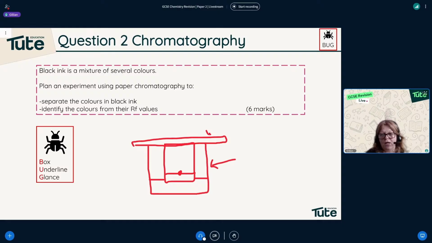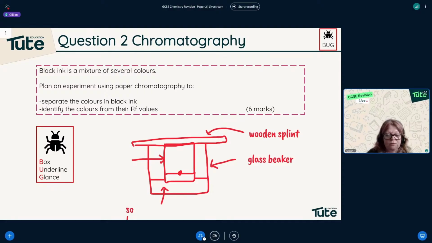Now, to help me, I am going to label my diagram. Okay, so I'm just going to put these labels on here. So that's my black spot with the ink. So this is my wooden splint to secure my chromatography paper. I will use for this, we just use a small glass beaker. I have my solvent, which in this experiment is water.